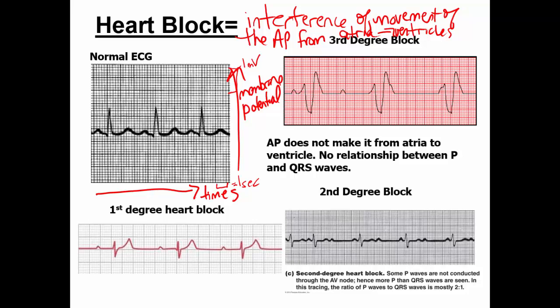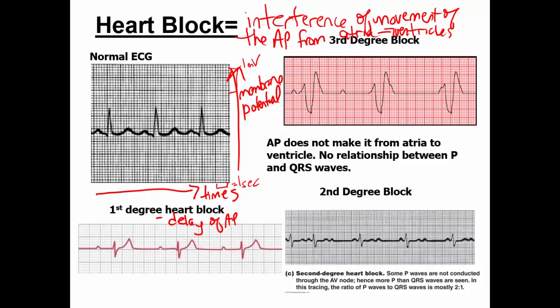A first-degree heart block is when there is a delay in the movement of the action potential from the atria to the ventricles. So in this case, there is a delay of the action potential moving from the atria to the ventricles.